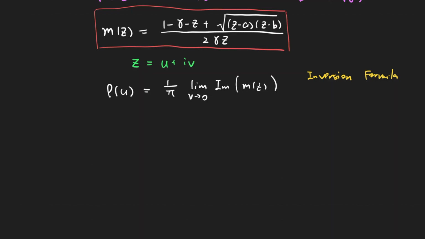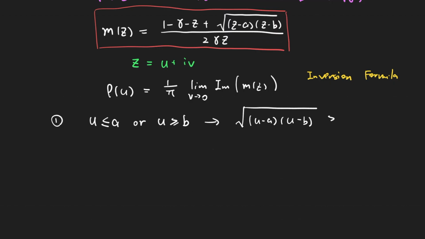Okay, we're almost there. And actually, there are two scenarios we need to discuss. So the first scenario is a case where u is smaller or equal to a, or u is greater or equal to b, right? So this is the case where the square root of (u minus a) times (u minus b) is greater or equal to 0, right?